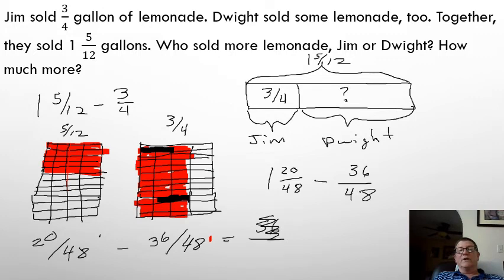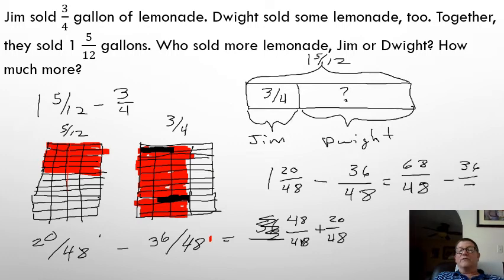No. So I have to convert this. My 1 here, if you remember, that's actually 48/48 for one whole plus 20/48. So when I add them together, now I actually have 68/48 to subtract 36/48 from it.